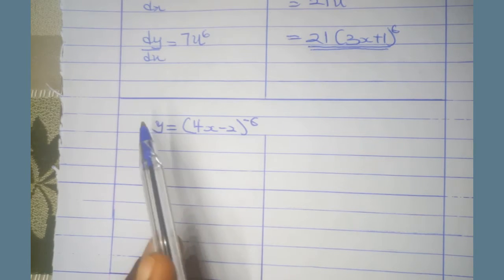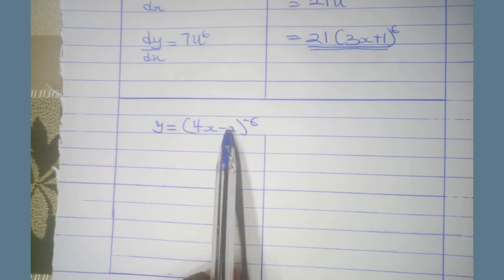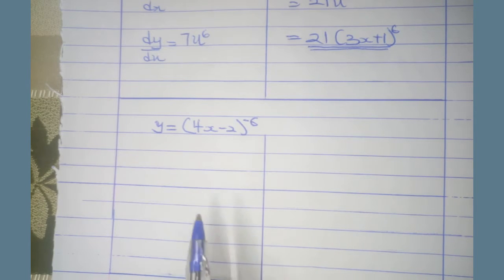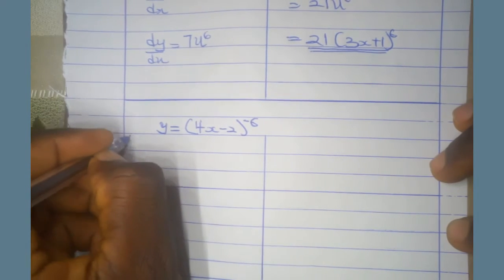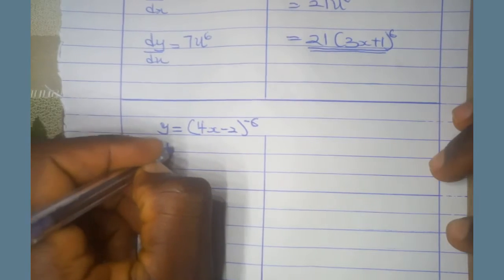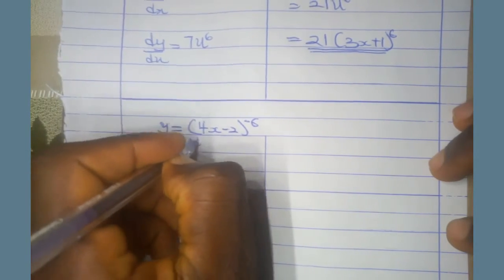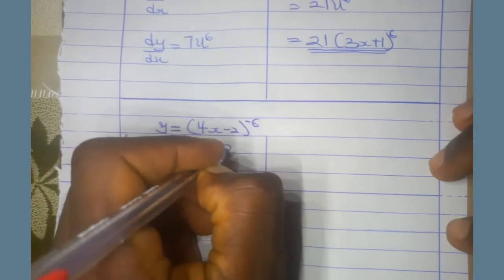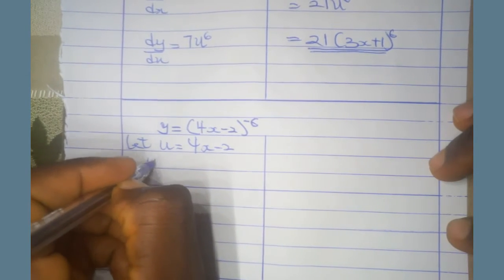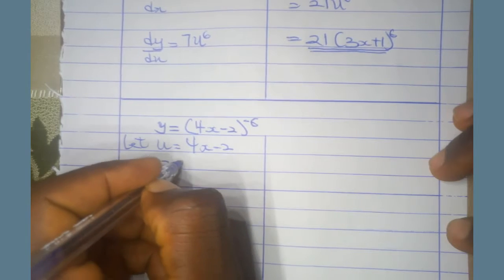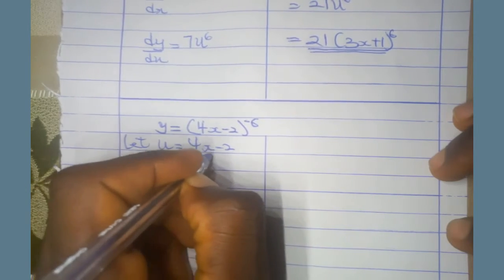The next one, y is equal to (4x minus 2) all raised to the power negative 6. The first thing is to let u be equal to the expression in the bracket, which is 4x minus 2. Therefore, y is equal to u raised to the power negative 6.